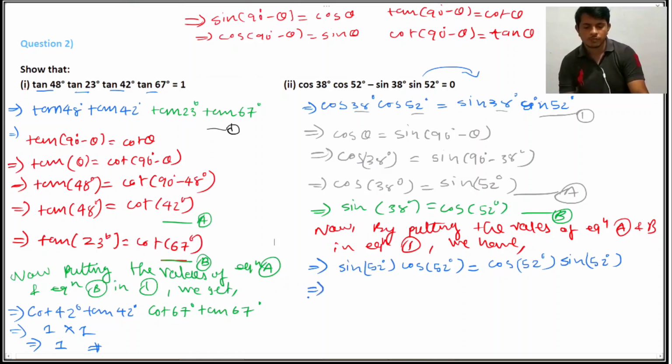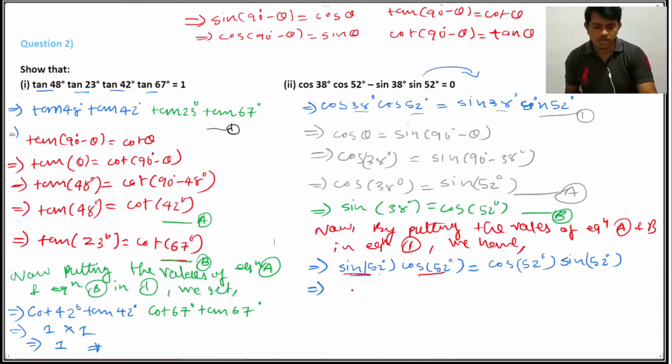Now if we look at this equation carefully, on the left hand side we have sin 52 degree and cos 52 degree. And on the right hand side we have cos 52 degree and sin 52 degree. So the values are the same. And we already know that the commutative law holds for multiplication.